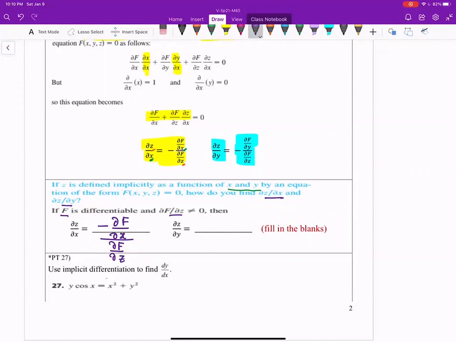In the same way, the partial derivative of z with respect to y would be negative partial derivative of F with respect to y over partial derivative of F with respect to z.